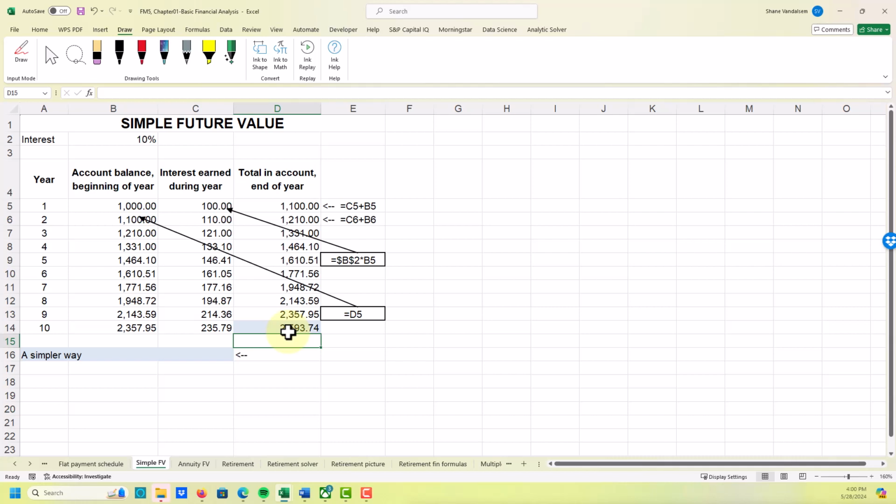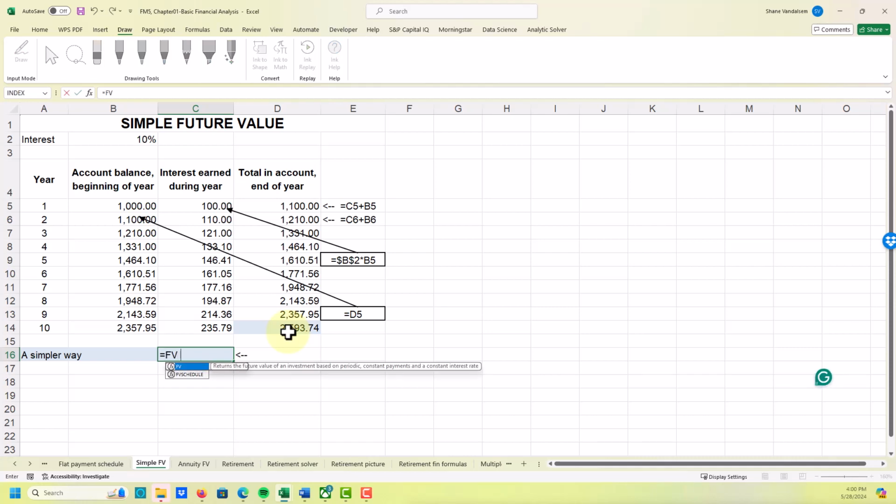Now, there's no need to go through this type of a table to calculate the future value of a lump sum. Instead, we can just use the future value function in Excel. And for that, we're going to just put in equals FV, open parentheses. The first item we have is the rate, and our rate here is going to be 10%. Our number of periods here is 10, so we're finding out how much this $1,000 that's invested at the beginning of the first year, the first time period, is worth 10 years later.